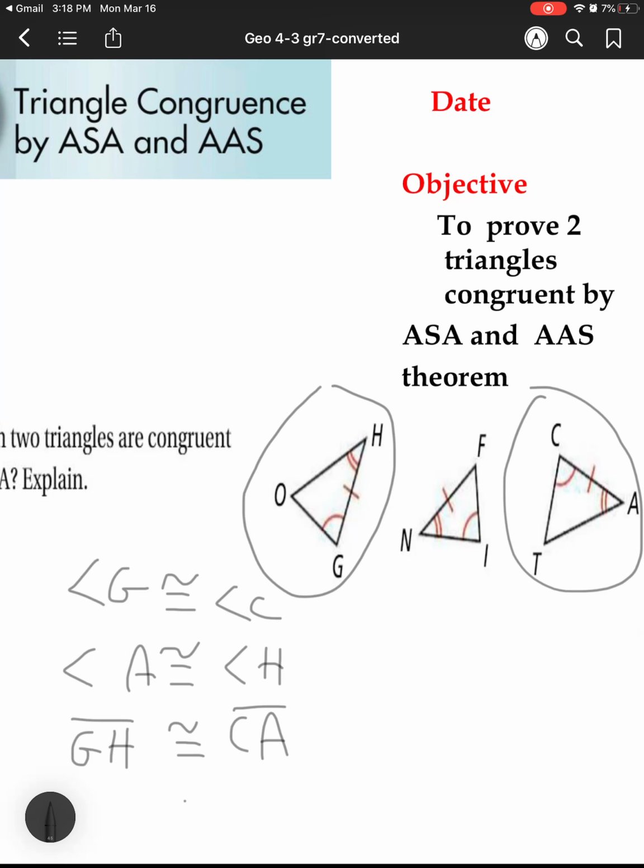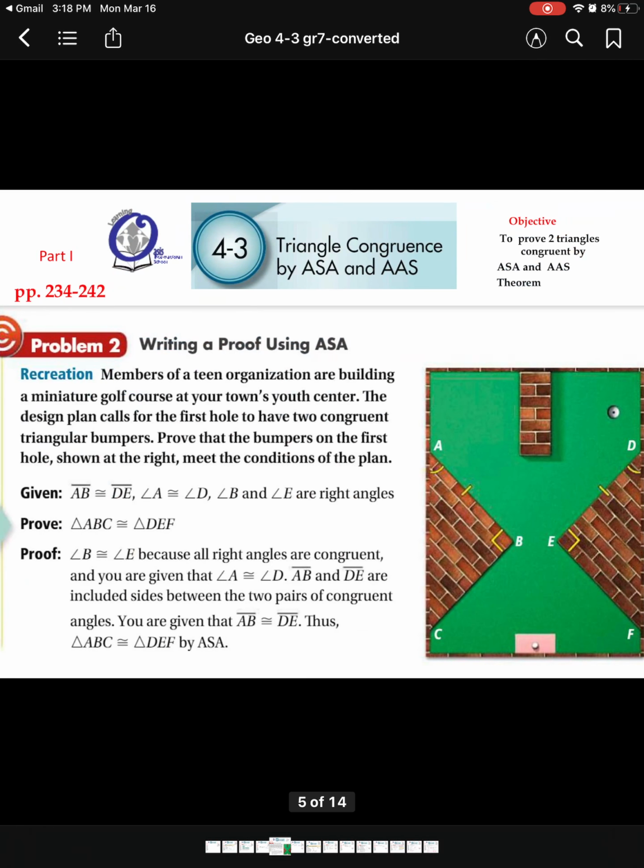This is the line segment. So I can say that triangle GHO is congruent to triangle CAT. And why did I name it this way? Because what I know about the triangles is that GH is congruent to CA. So I'll write them and I'll put the third letter from each triangle.